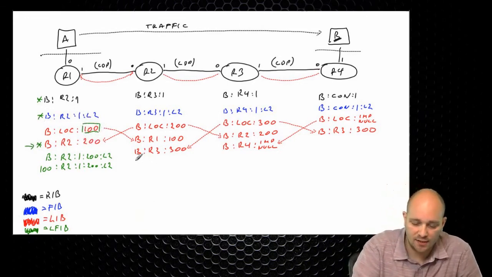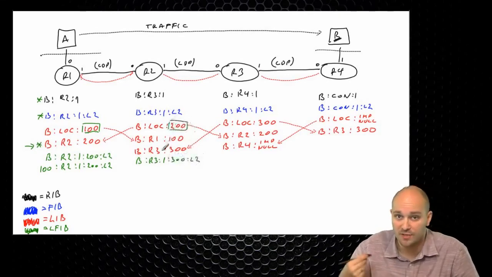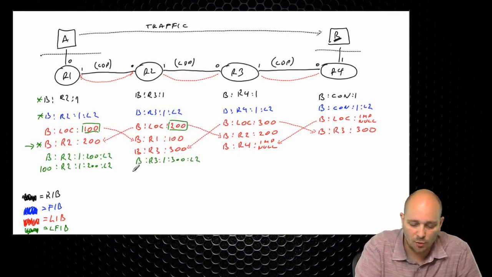R2 says that B is reachable through R3, out of interface 1, with label 300, with the following layer 2 parameters. But again, we need to look at the local label. What happens if we receive traffic with the local label? If you receive traffic labeled 200, do the exact same thing.